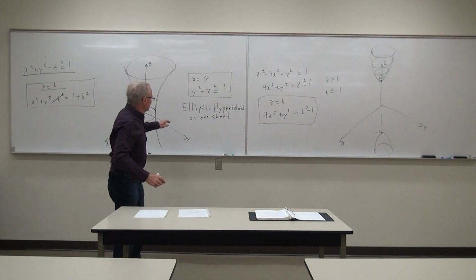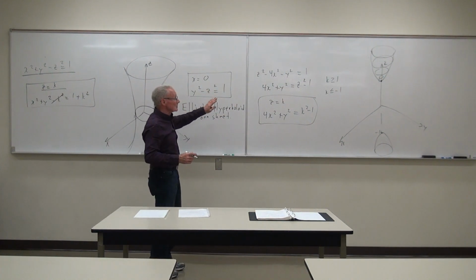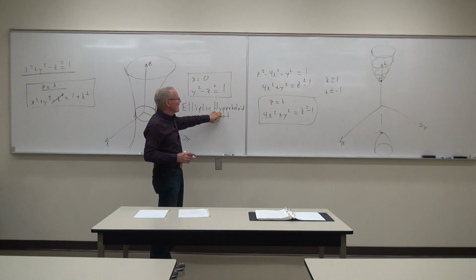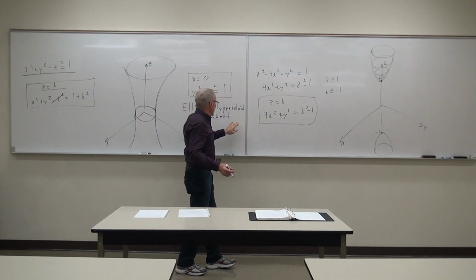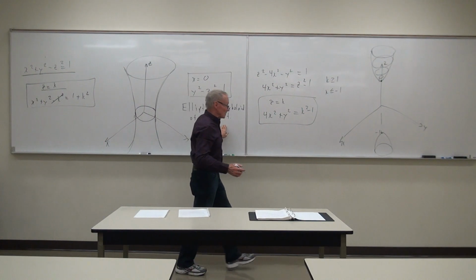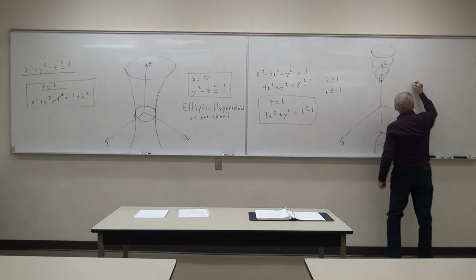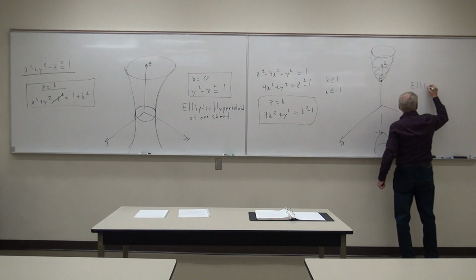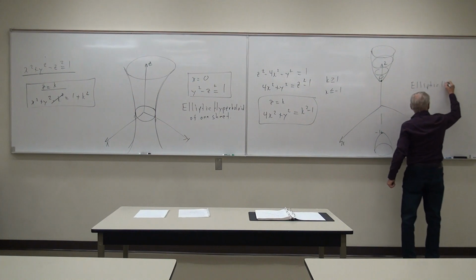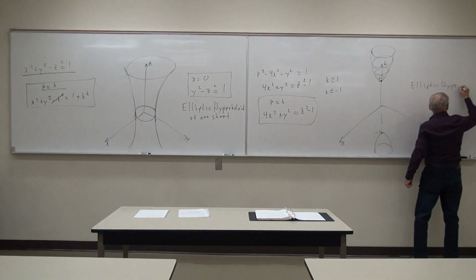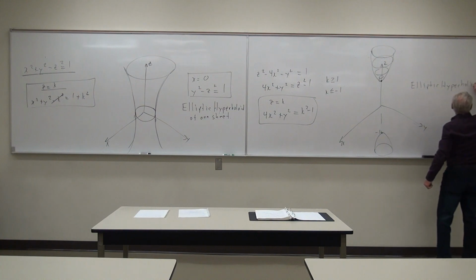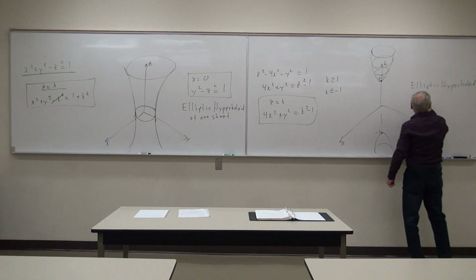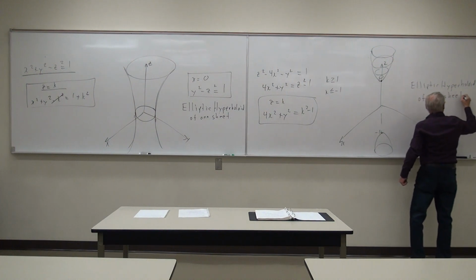This one they call, much like this one, elliptic. You see elliptic hyperboloid, because there are hyperbolas in here, we just haven't seen them, of 2 sheets. So this is an elliptic hyperboloid of 2 sheets.